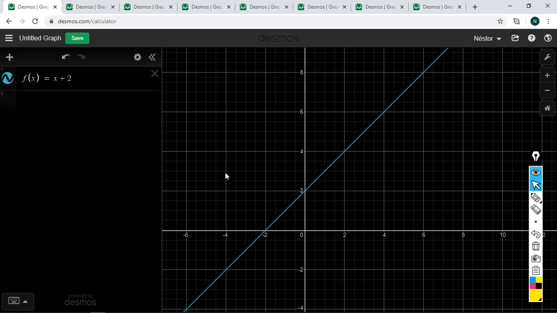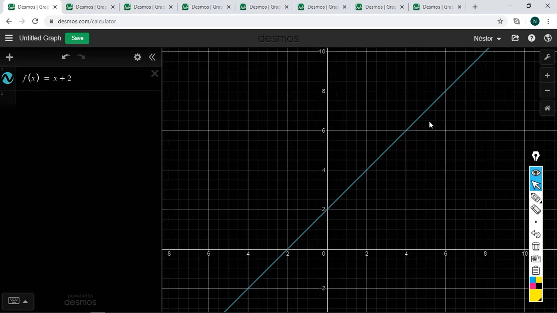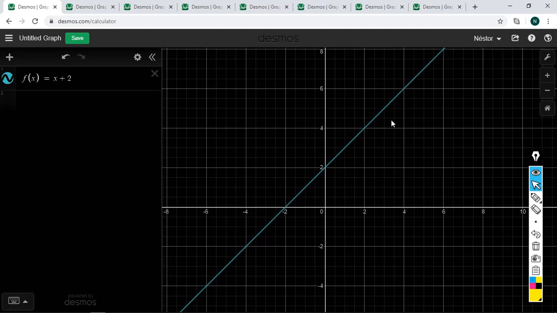It's very simple. First function, look at this: f of x equals x plus 2. This is the graph of the function. Let me talk about the intercepts of this function. The graph goes in this direction, it's crossing the y-axis at this point, and it's coming down and crosses the x-axis.